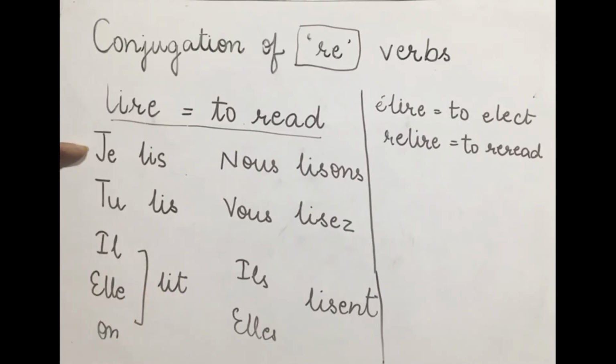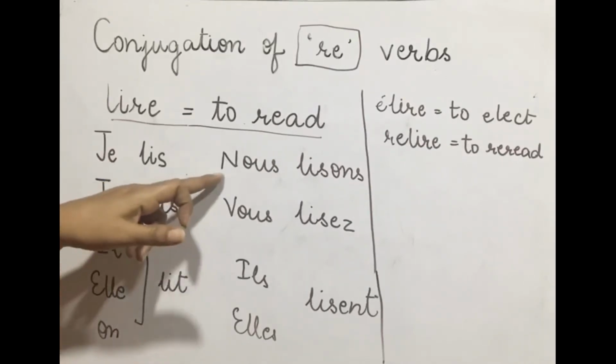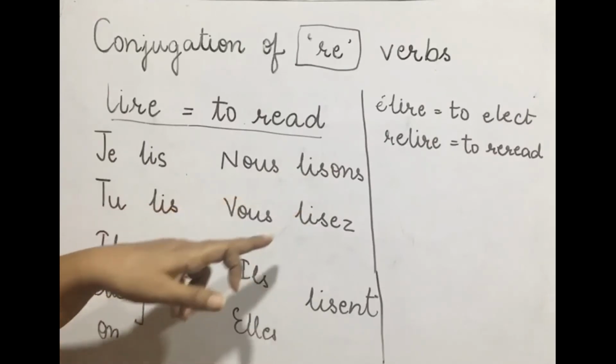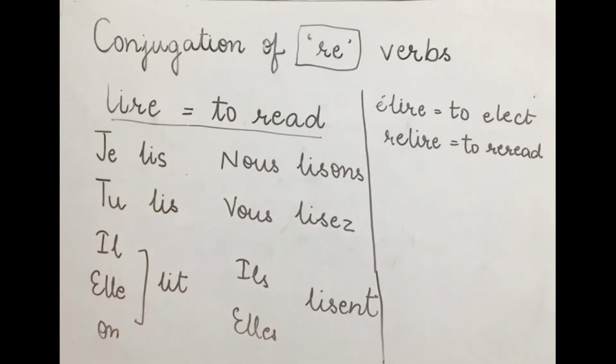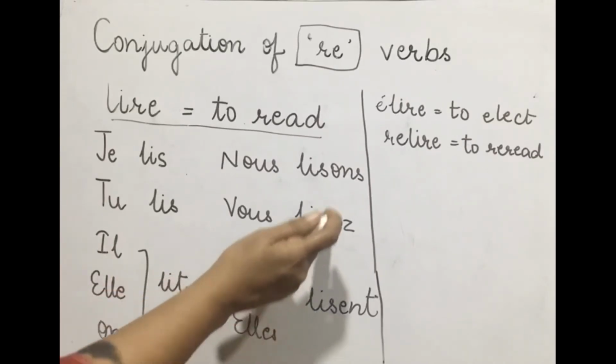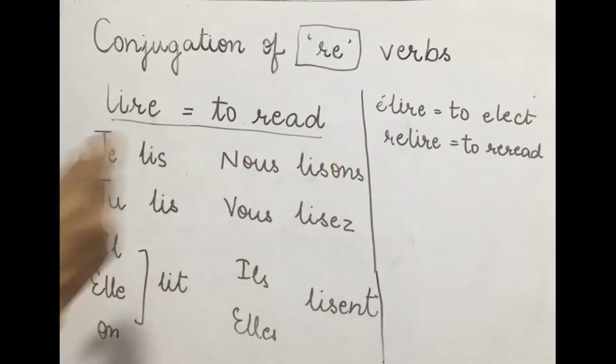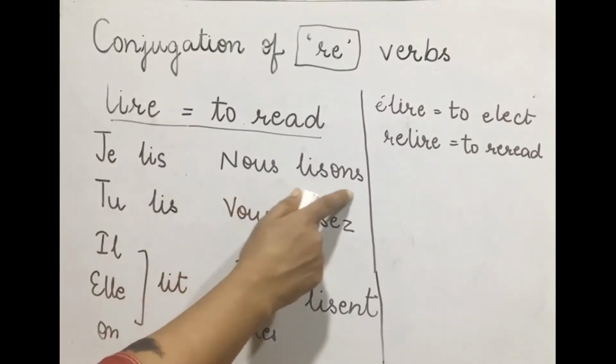So it becomes je lis, tu lis, il, elle, on lit, nous lisons, vous lisez, ils, elles lisent. Here I have not only added ONS as we did in vendre, but we have added SONS.